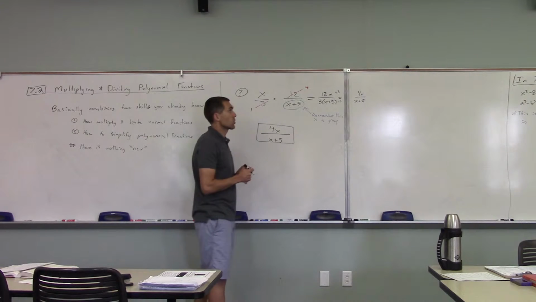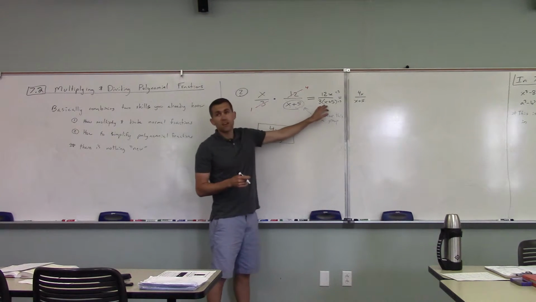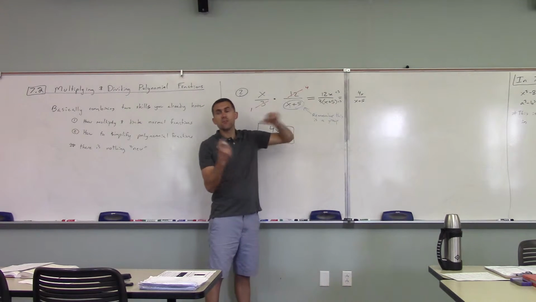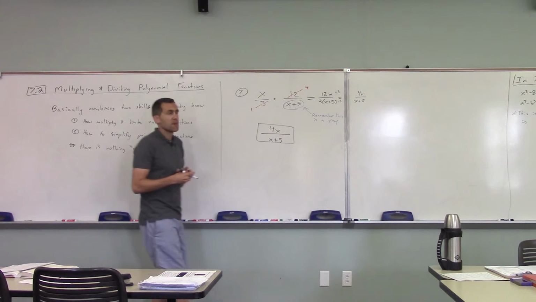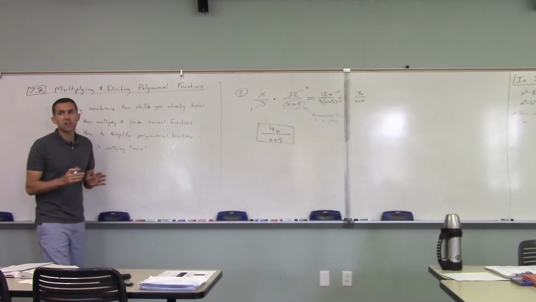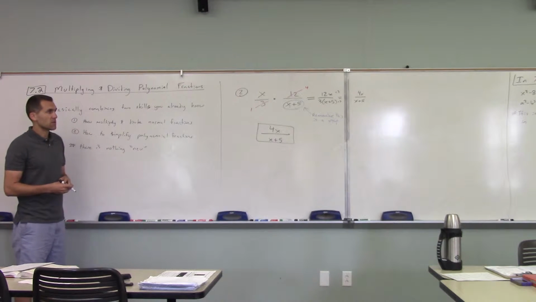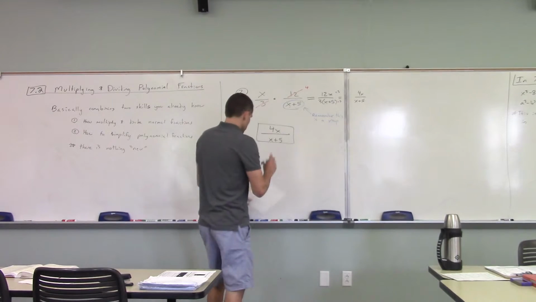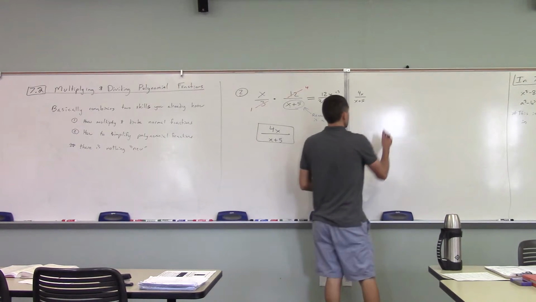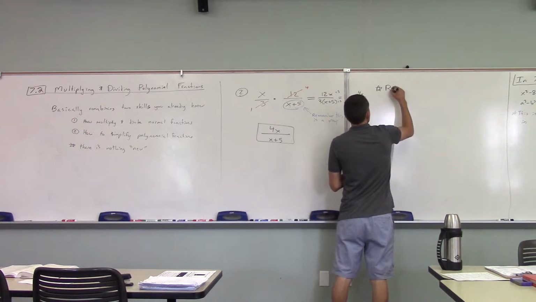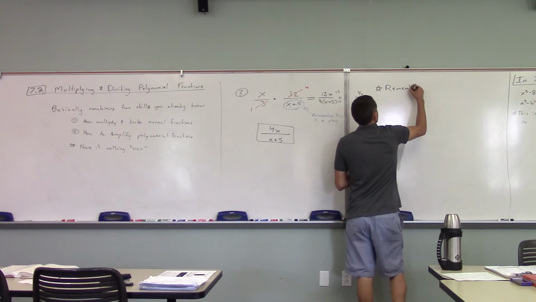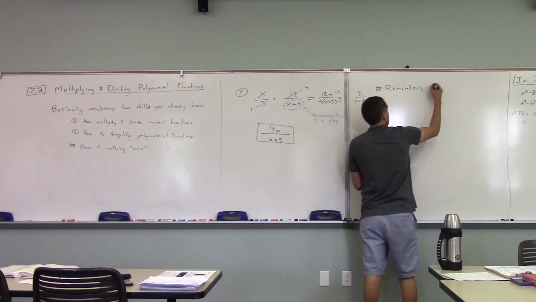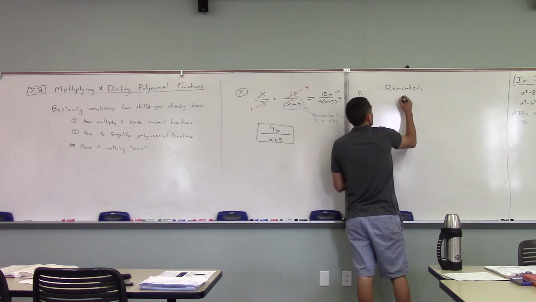So it doesn't matter which order you do it, but this does have to be factored. If you distributed the 3 in, you would have to factor it back out before you cancel. So in general, you want to keep everything factored. You don't want to really multiply things out. Okay? So, just be really clear, remember 2 things.